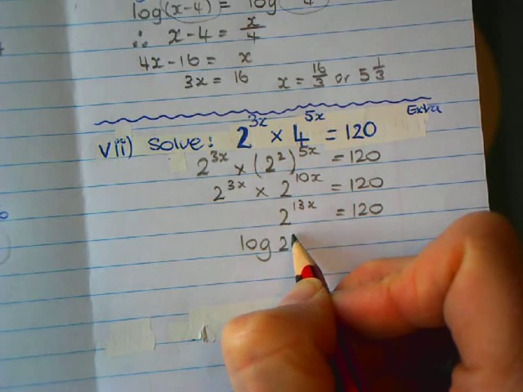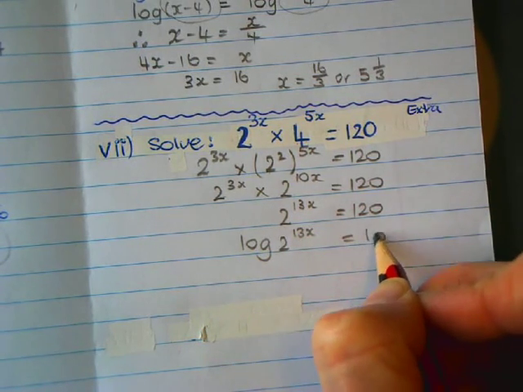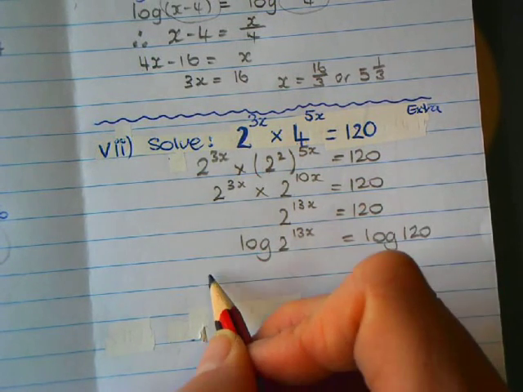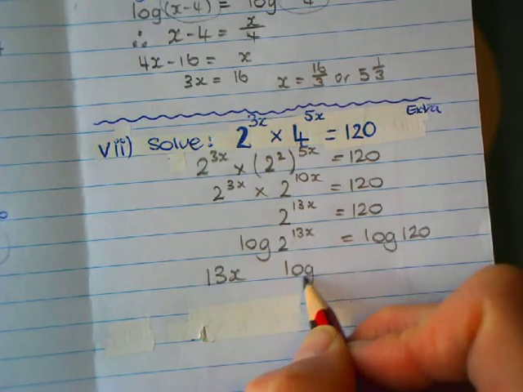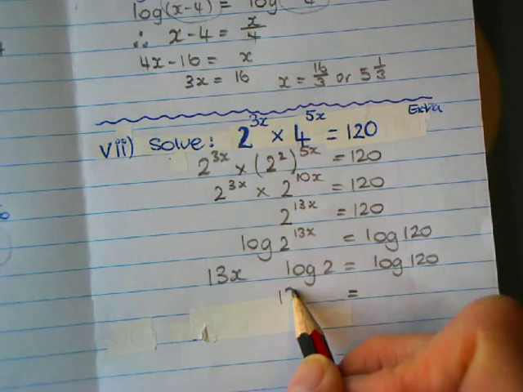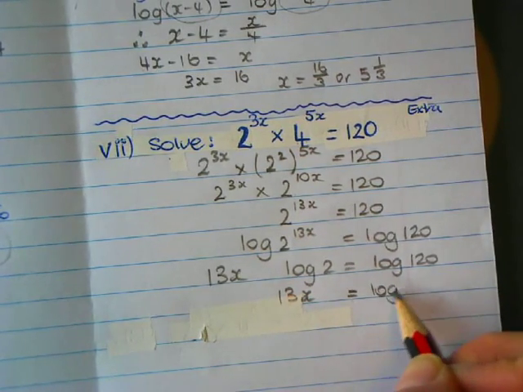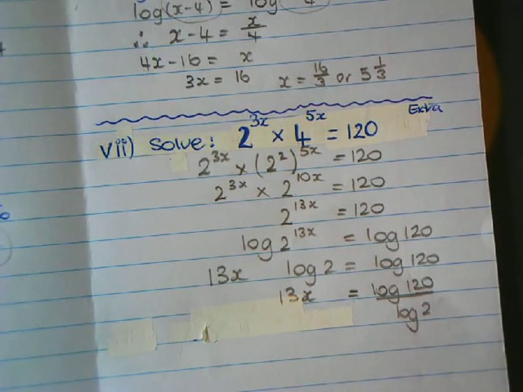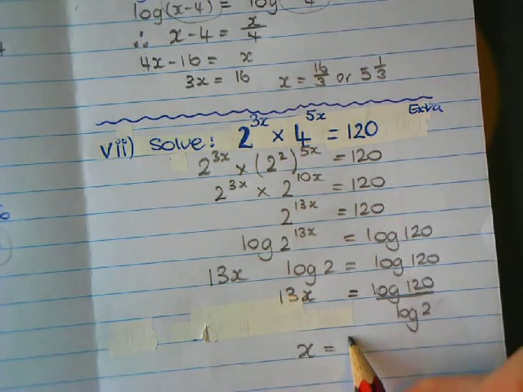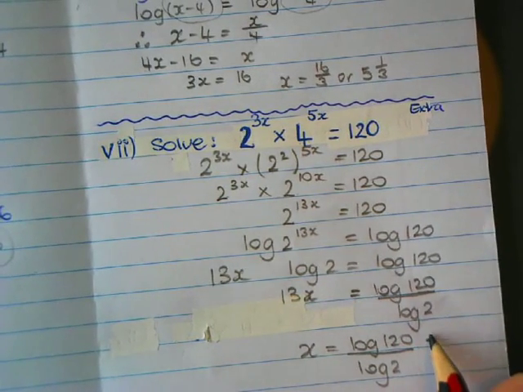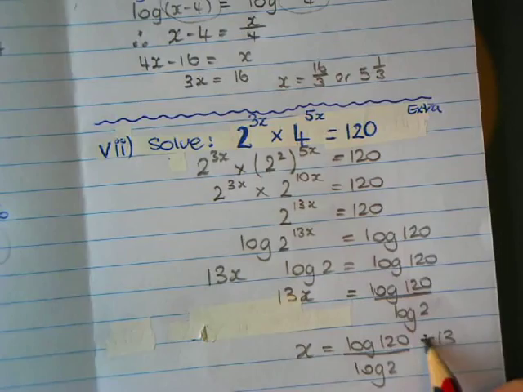Take the log of both sides. Log 2 to the power 13x equals log 120. Next step, bring that power down the front: 13x log 2 equals log 120. Now I have 13x equals log 120 divided by log 2. And last thing, instead of timesing by 13, of course x will have to be log 120 divided by log 2, all divided by 13.